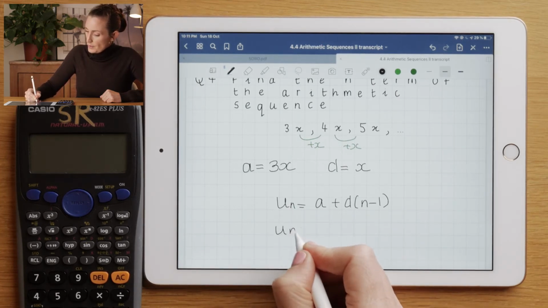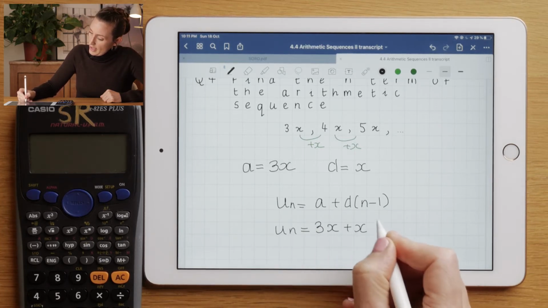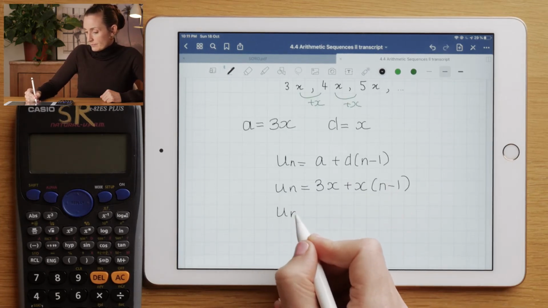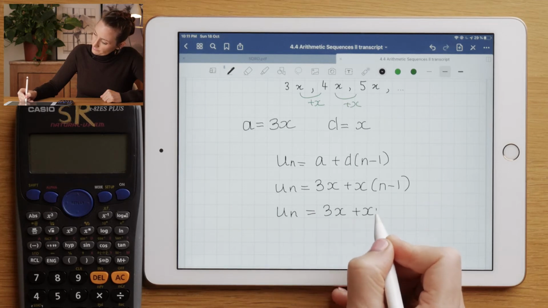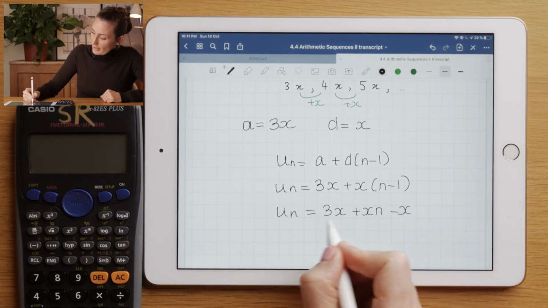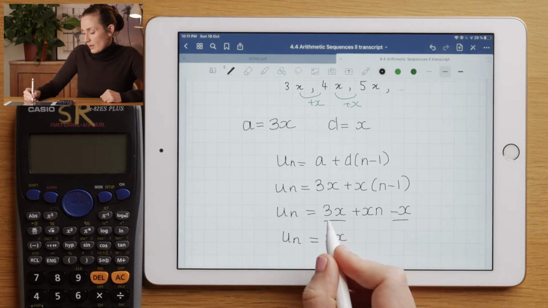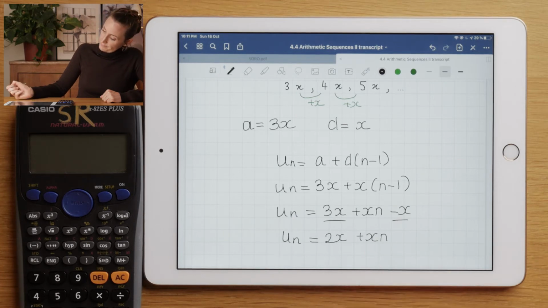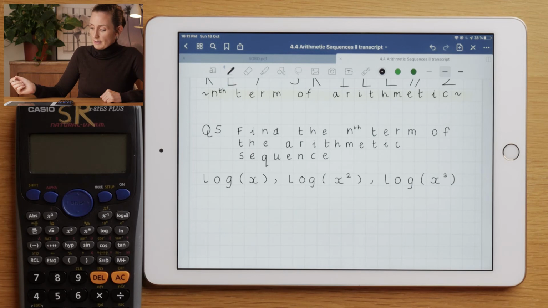I'm going to substitute into my formula with the x's, so 3x plus x times n minus 1. Multiply out the bracket. And again, add together the like terms. 3x take away x will be 2x plus x times n. It's done.